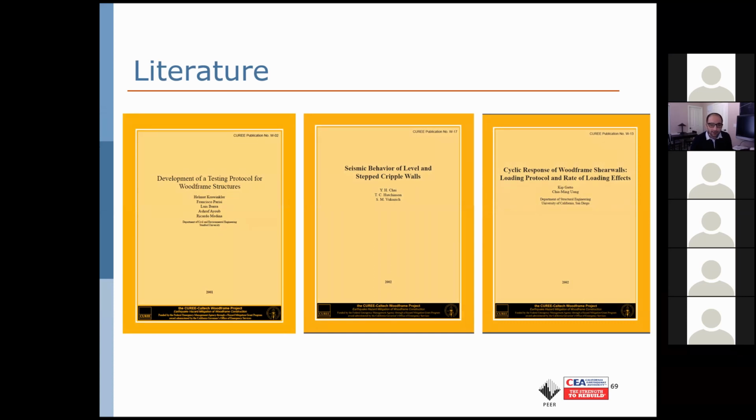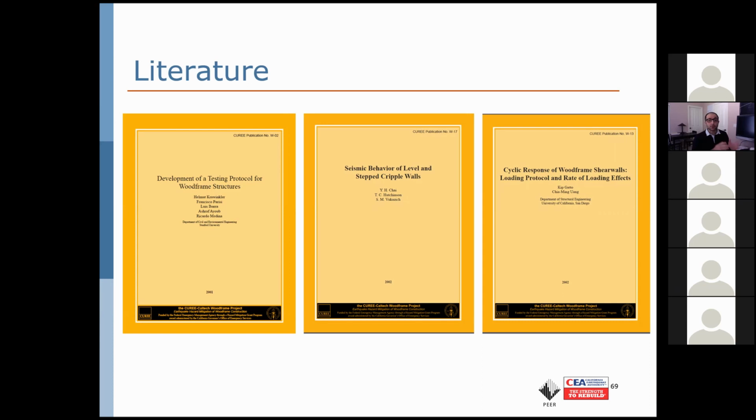And I hope, again, the next slide comes up. There are 3 research efforts in the past that really clearly speak to what we were doing. Number 1, the work that happened at Stanford with Helmut Winkler and co-workers, who developed a loading protocol for wood frame structures.